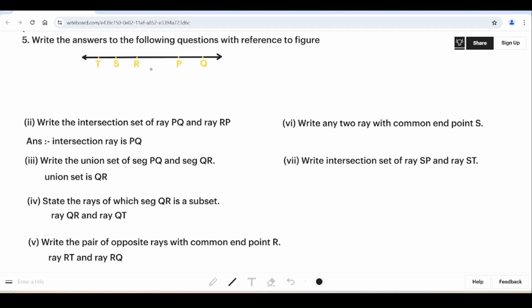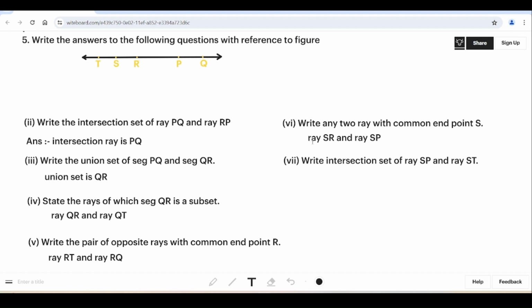So we will give SR and SP. Any two of them we can give. So I am writing here ray SR and ray SP. Okay?